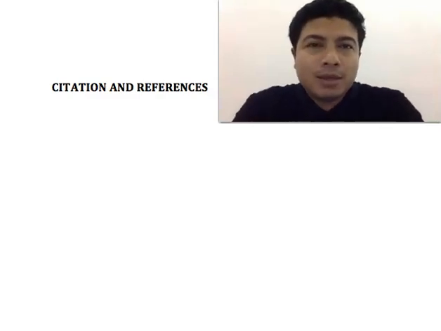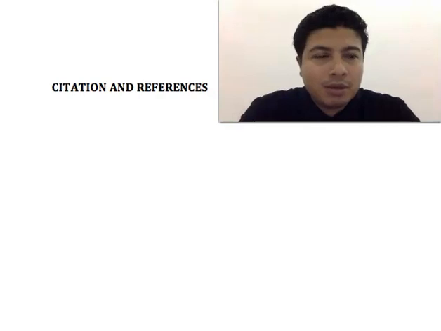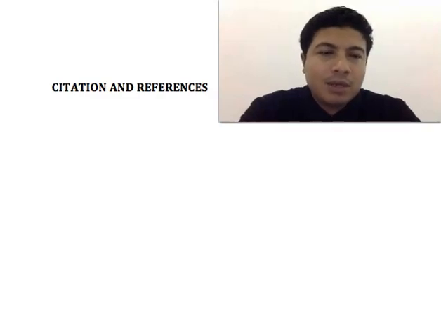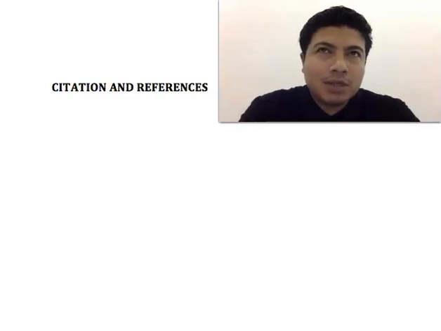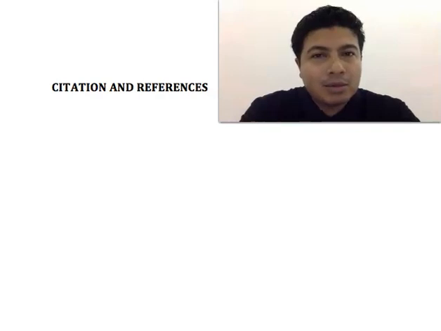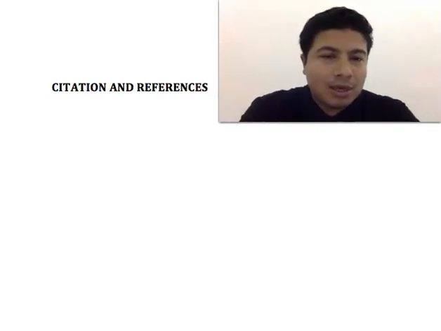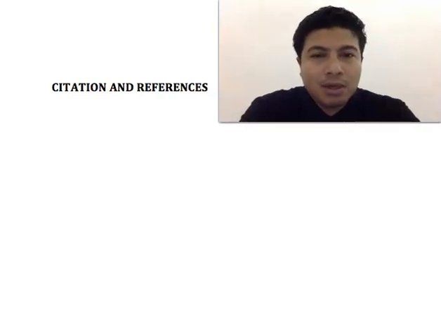So when we take ideas and opinions from other sources, and when we want to put them in our assignment, in our academic essay, reports, or articles, we need to give credit to the original source. So we need to give credit to the person who came out with the ideas or the opinions, the person who wrote the sentence that we take and put in our academic writing.